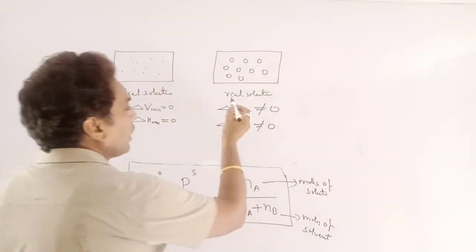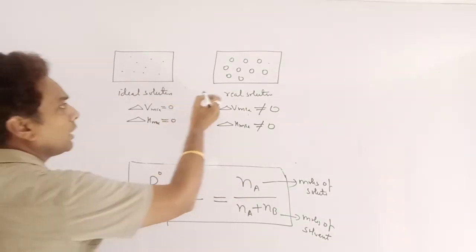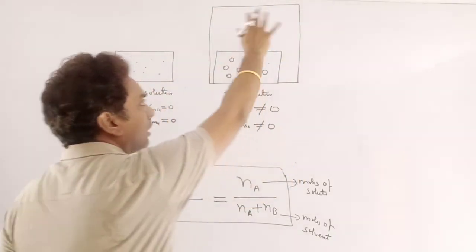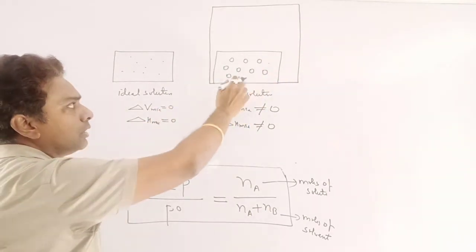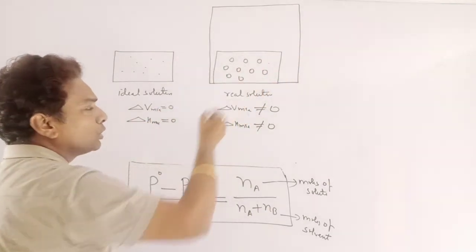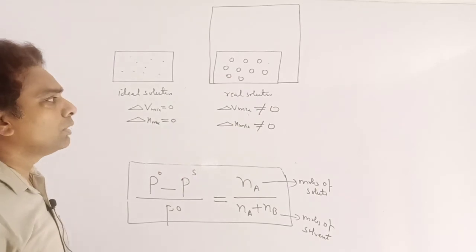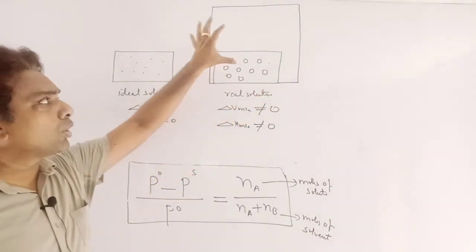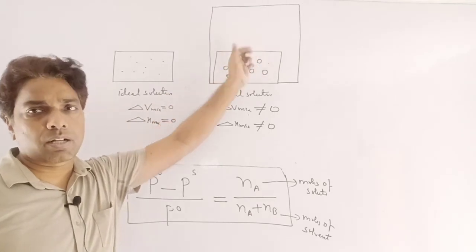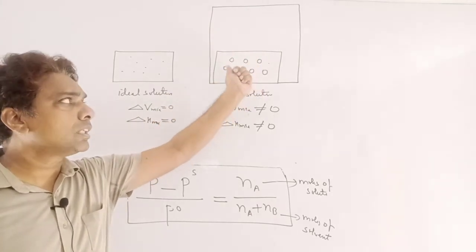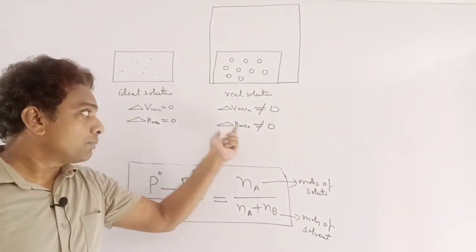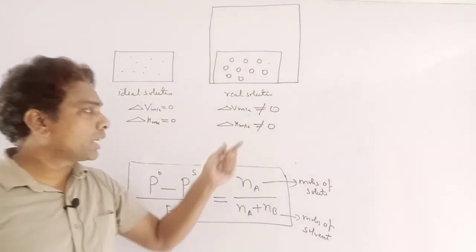If we want to convert a real solution into an ideal one, then by increasing the volume, if we take a large volume of solvent in which there are some solute particles, the volume change will be negligible, since the volume of the solvent is very large compared to the volume occupied by the solute particles, and the chances of collision will also be negligible.